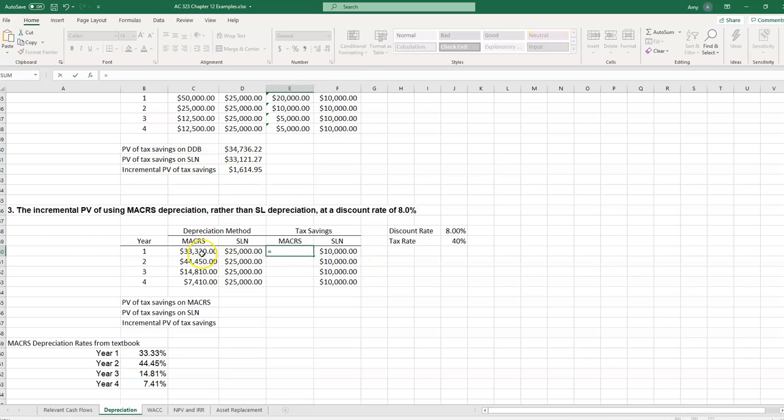And then our MACRS depreciation times our 40% tax rate. And then our net present value, we have a rate of 8%, all of our cash flows.